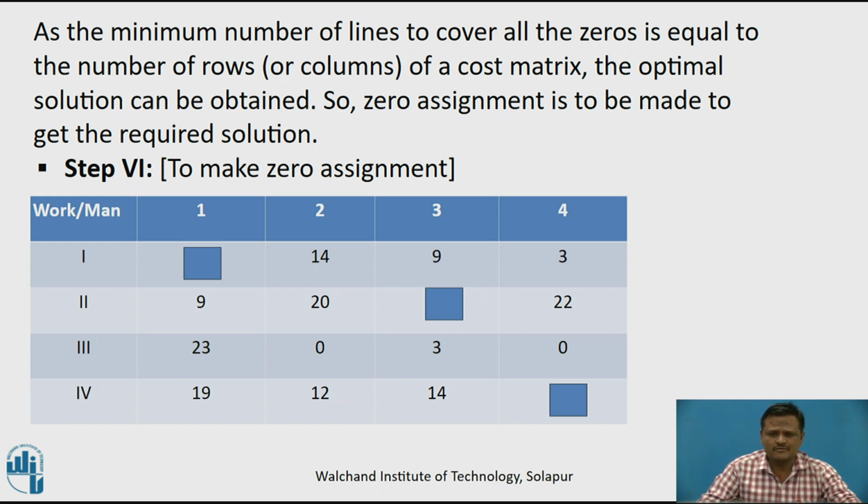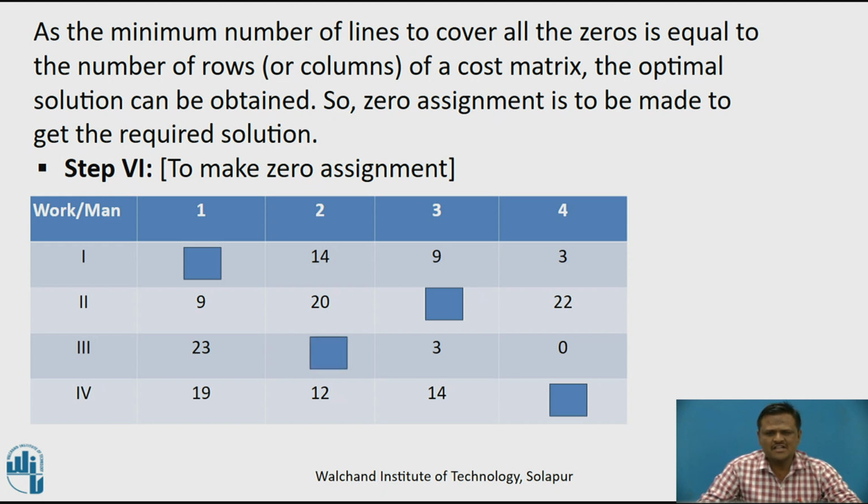Now the same thing will be done column wise. We will observe the columns successively till we get a single zero. If you look at the first column, zero assignment is already done, so we go to the second column in which there is only 1 zero, so that zero has been assigned.